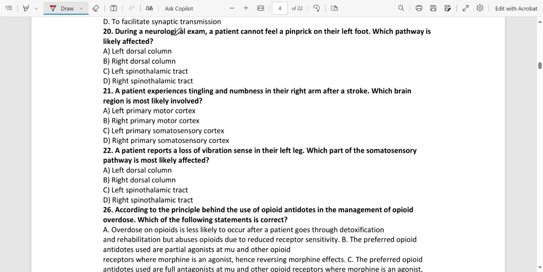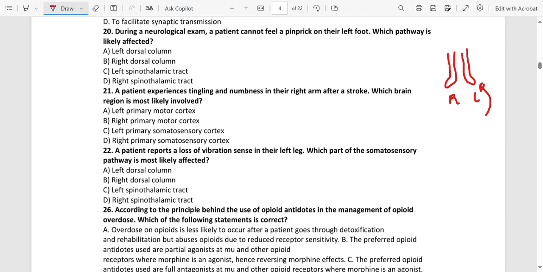During a neurological exam, a patient cannot feel a pinprick on their left foot. So on their left foot, this is going to be right, this is left. If you prick them, they can't feel anything on this side. Which pathway is likely affected?